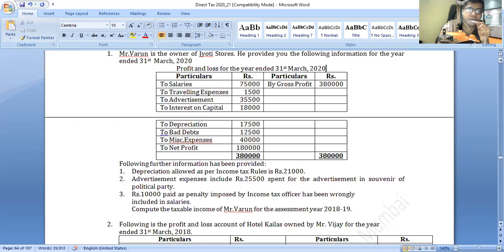Then the following further information has been provided. Depreciation allowed as per income tax rule is rupees 21,000.